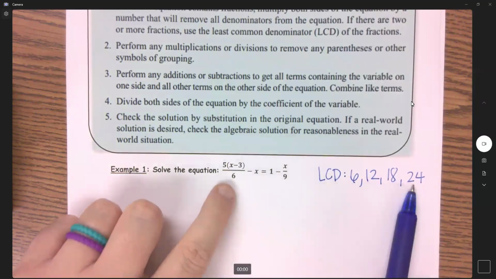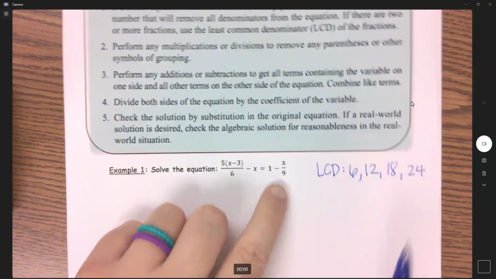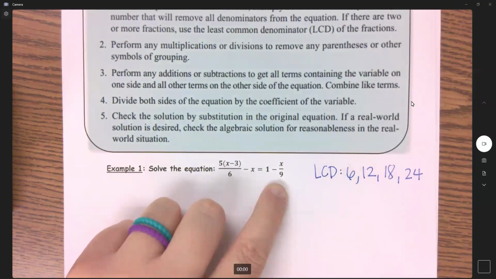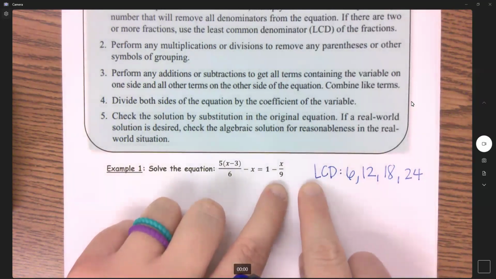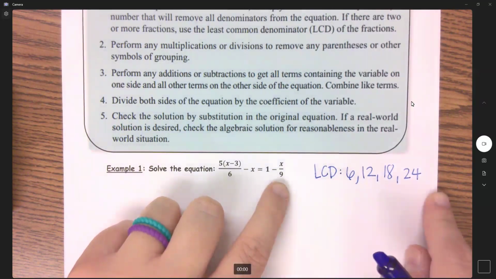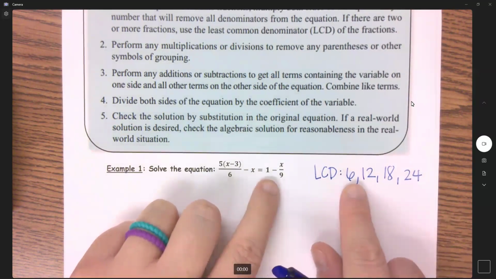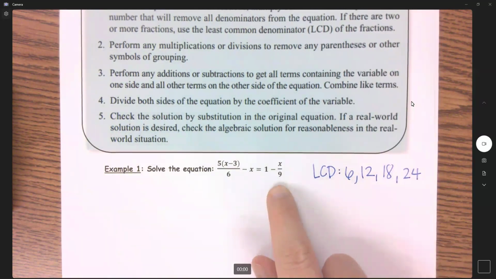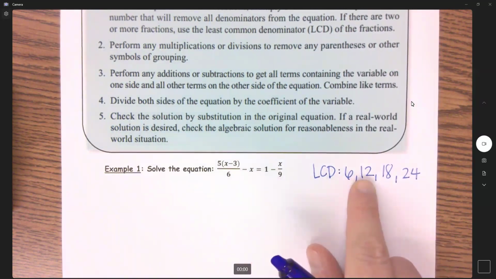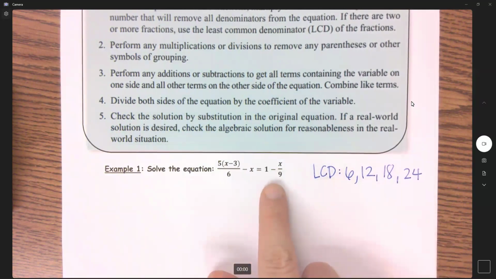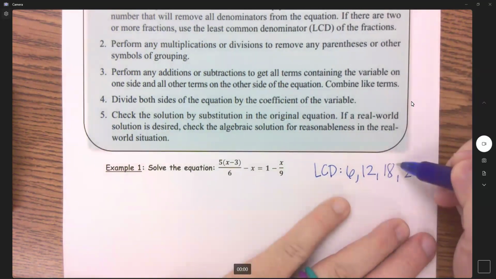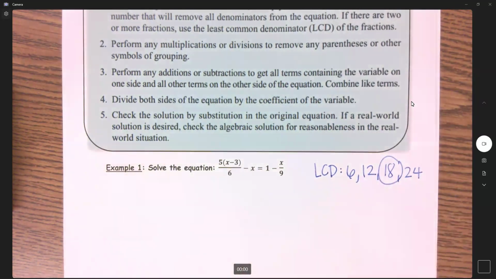Once I list out my multiples of one of your denominators, now use the second one, and what is the least number, the smallest number that this second number will divide into? So I can't divide 9 into 6. I can't evenly divide 9 into 12, but I can divide 9 into 18. So this right here is my LCD.